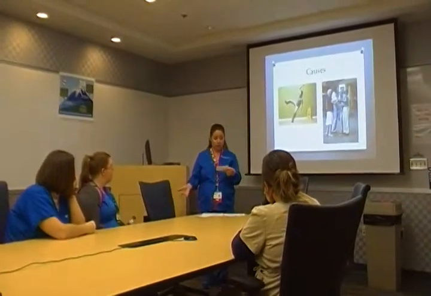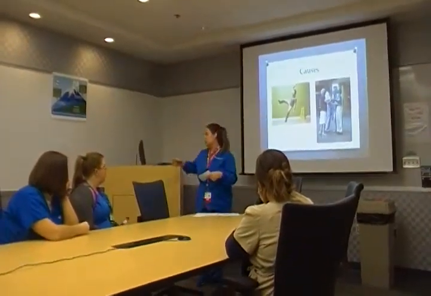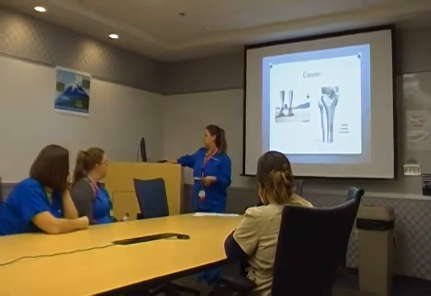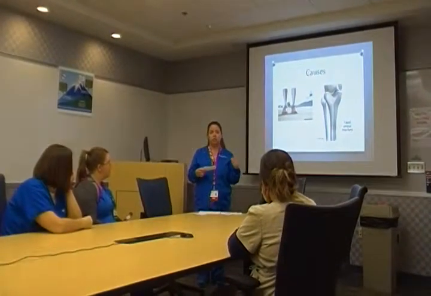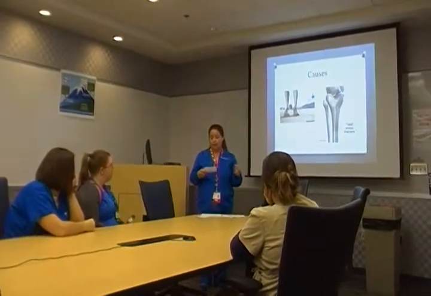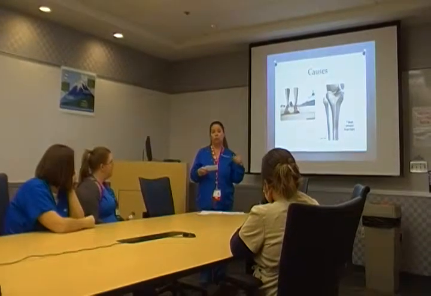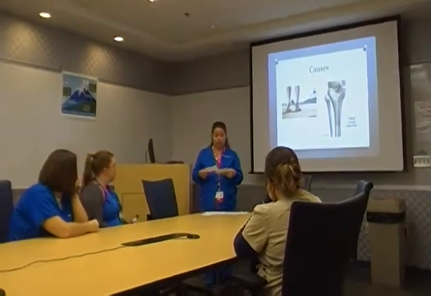Osteoporosis usually happens in the elderly, but it's a disorder that weakens the bones and makes them more easily broken. There's also overuse. This is because repetitive motion, like maybe running or in sports, weakens the muscle, and then the force that happens to the bone makes it more prone to being broken. This is also referred to as a stress fracture.